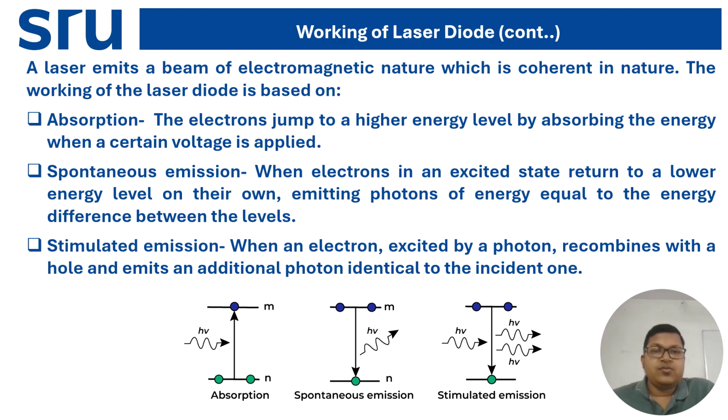Now we will see some specific things. How will that happen? A laser emits a beam of electromagnetic nature which is coherent in nature. The working of the laser diode is based on three different processes.